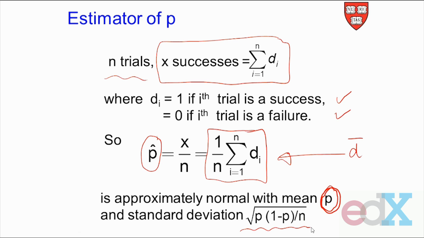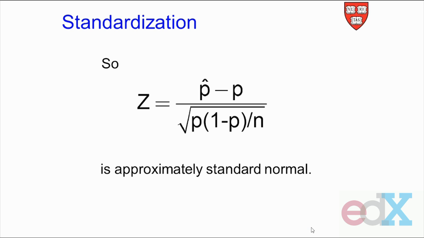So if we want to set up our standard normal variate, there it is. This takes the place of our old x bar, this takes the place of mu, this takes the place of our sigma squared, and their division by n, and we're back to where we were before, and this is approximately standard normal.